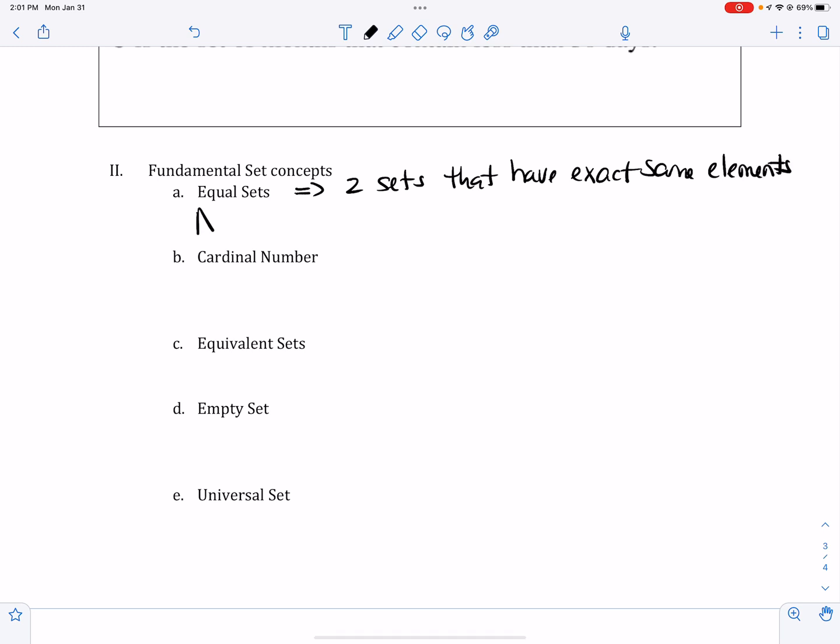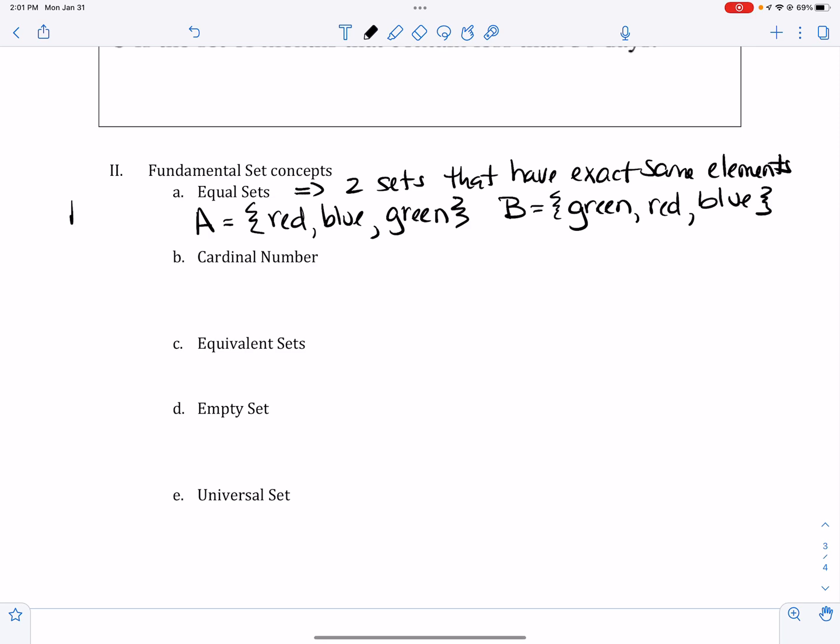Okay, so if we have set A having red, blue, and green, and we have set B as having green, red, and blue, they are equal because they have the same elements. Red, blue, and green, it doesn't say anything about order, but they are the exact same items in each of those sets.